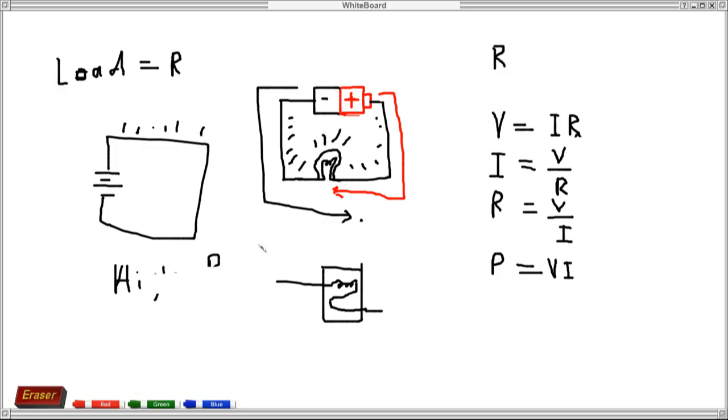But the thing is, as your current increases, so does your heat. When it gets to a certain point where it starts to overheat, these are calibrated to a certain amount of current.